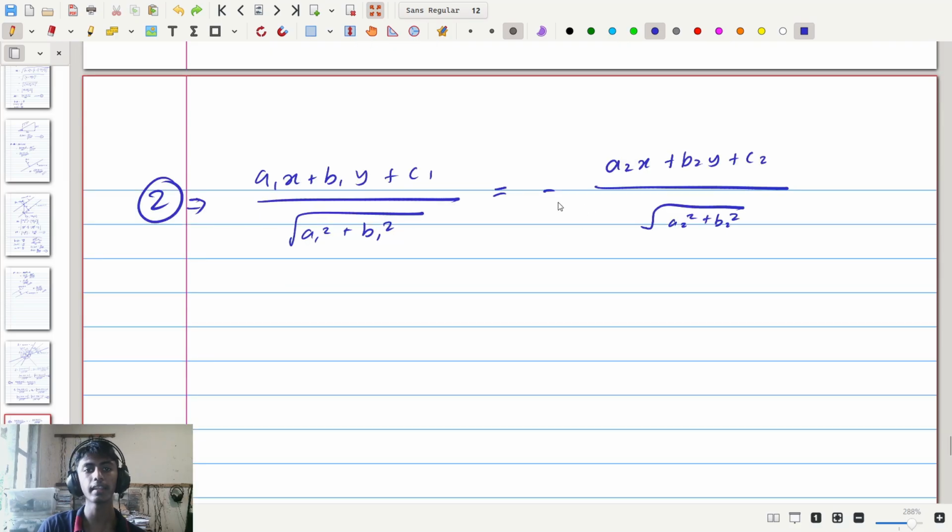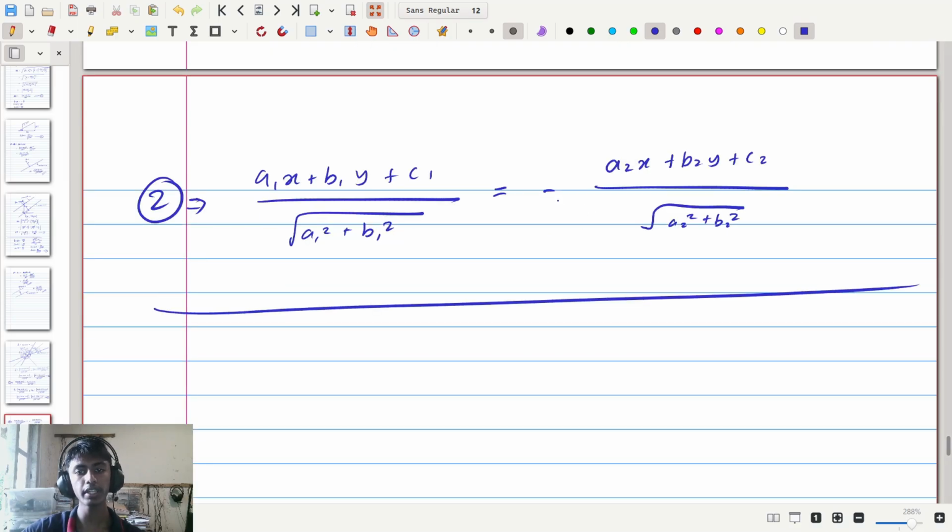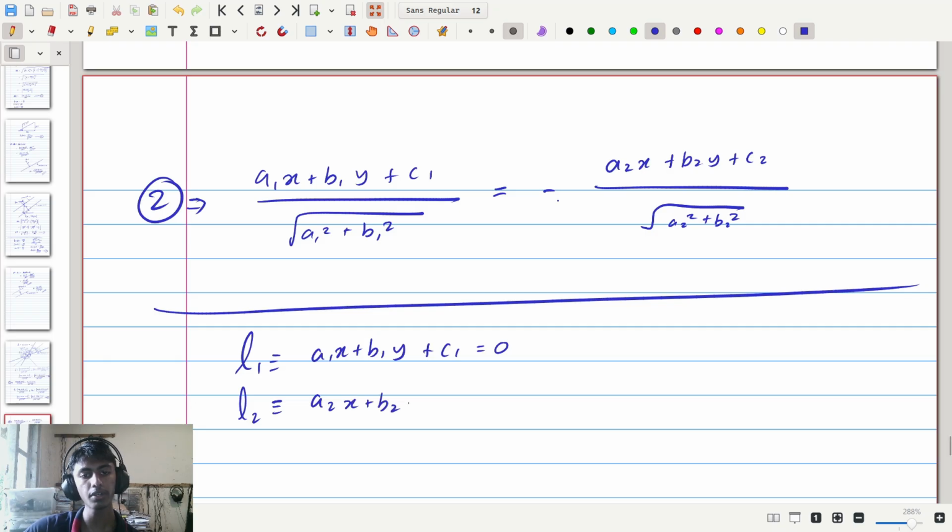Therefore, for the two bisectors, putting a plus or minus, if we have two lines, let's say L1 and L2, and suppose L1 is a1x plus b1y plus c1 equal to 0, and the second line L2 is a2x plus b2y plus c2 equal to 0.